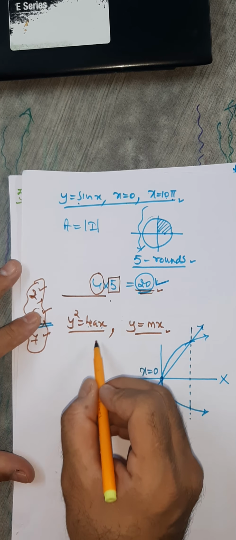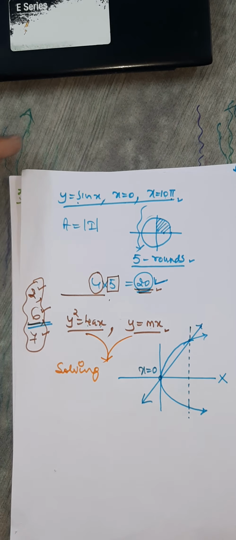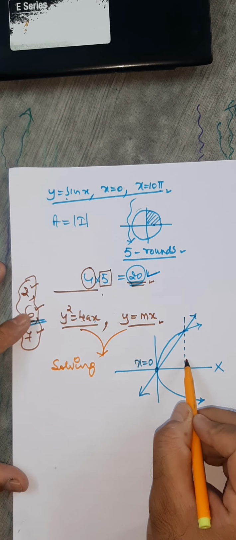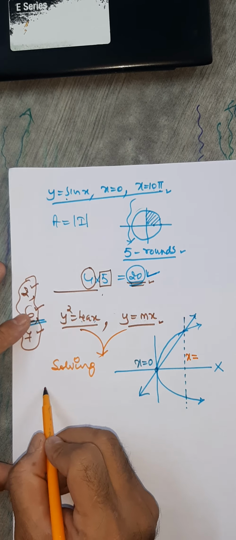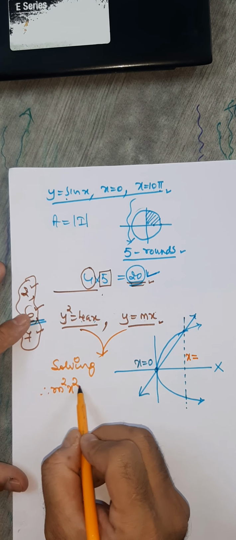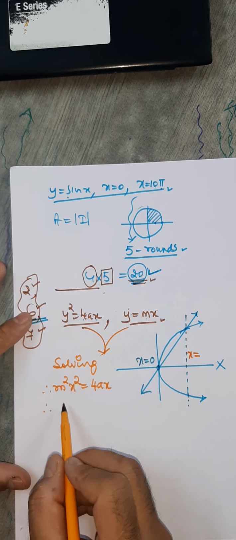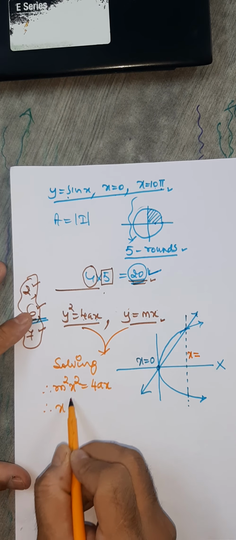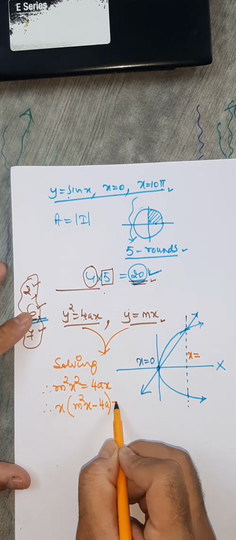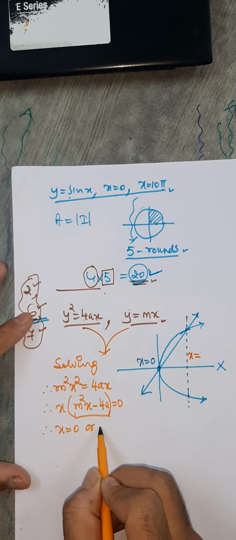Just for your information, I'm solving these two equations. I'm interested in x, remember, so remove y and put its value from here. So m square x square equals 4ax, since y square is m square x square. I'll take x common from these two: x times (m square x minus 4a) equals 0. So either x is 0, or you make x the subject of the expression here.